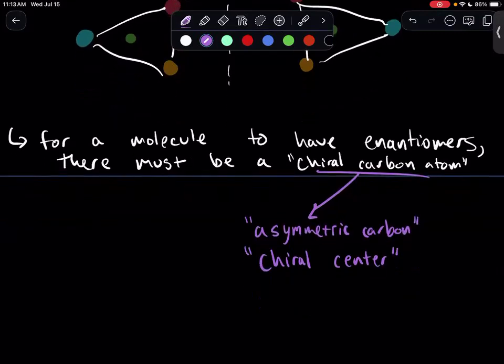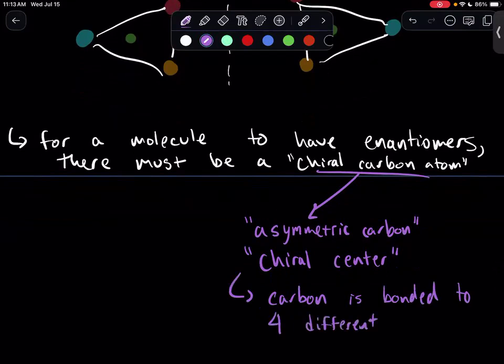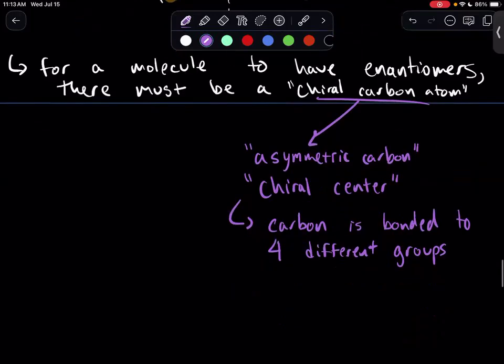In a chiral carbon atom, an asymmetric carbon, a chiral center, all of these basically mean that carbon is bonded to four different groups. There must be four different things bonded to it. The minute we have any two of the same, this chiral center no longer exists.